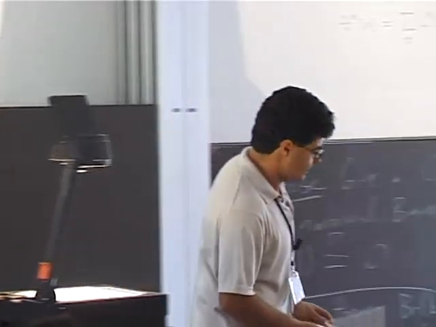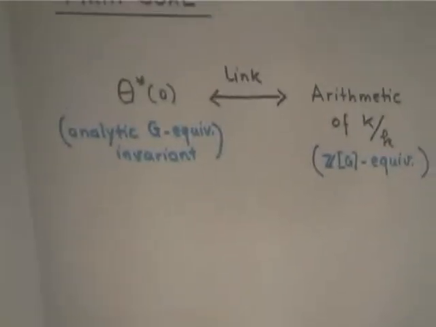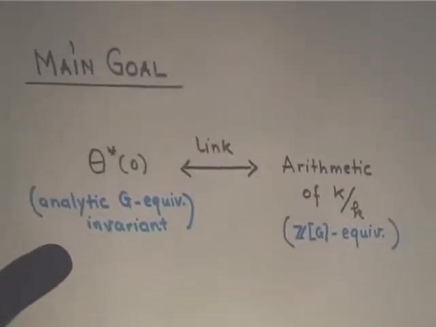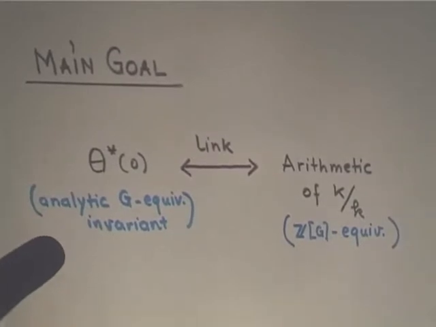Okie dokie. So now the game I'm going to play is this. What I want is to establish a link or a bridge between this G equivariant invariant of analytic nature, which is this theta star of 0, and the various arithmetic invariants that I described before, units, X_S, A, and so forth.